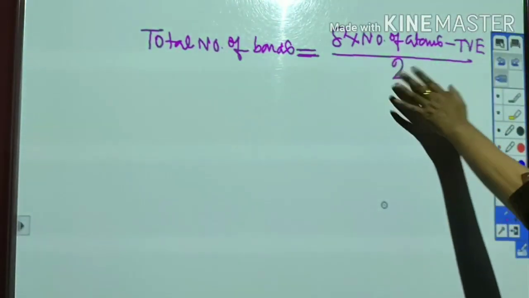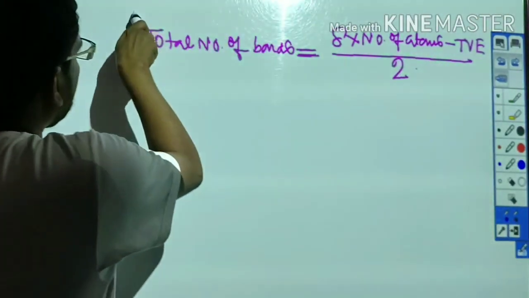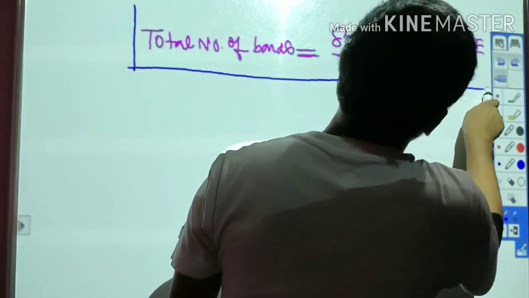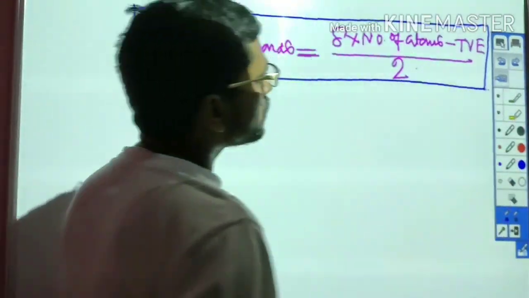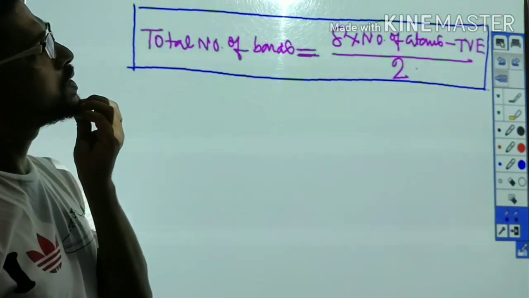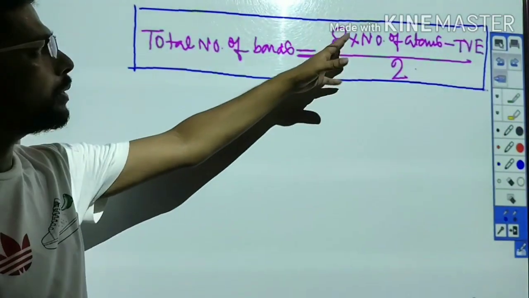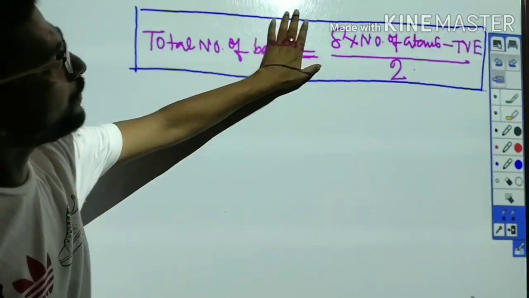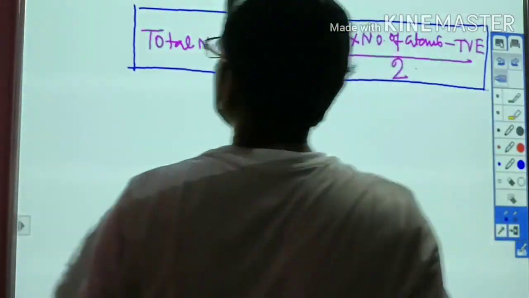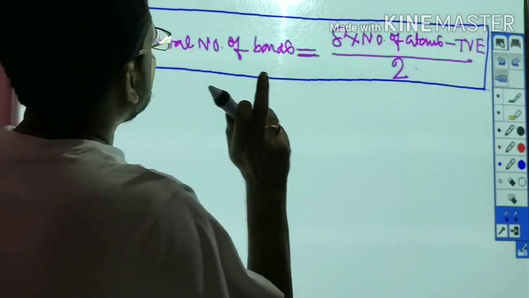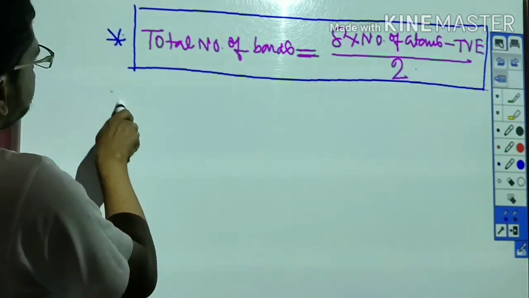That will give you the total number of bonds. This formula is very, very important. From this formula, we can easily calculate the number of sigma bonds, the number of pi bonds, and whether an unpaired electron will be present or not. So we will remember this formula.